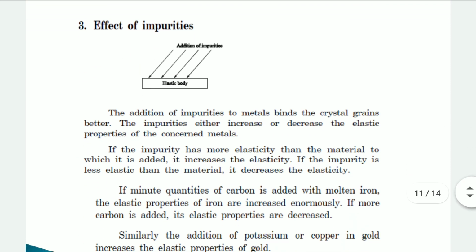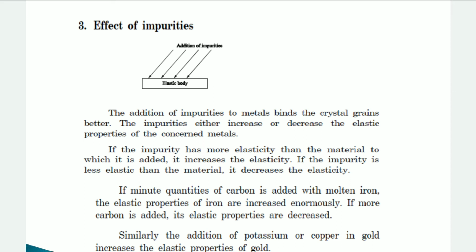Third one is the effect of impurities. The nature of elastic property of the material depends upon the type of impurity added to the material. If the impurity has a large elastic property compared to the metal, then the elastic property of the metal increases.